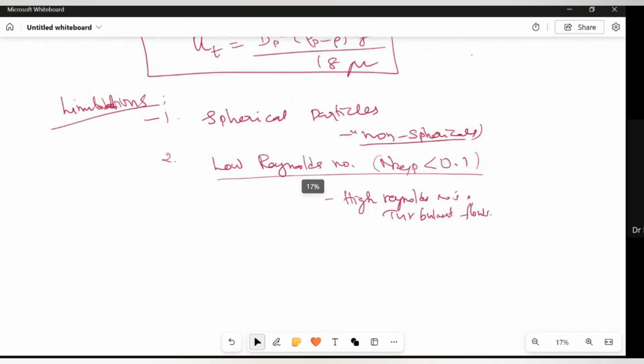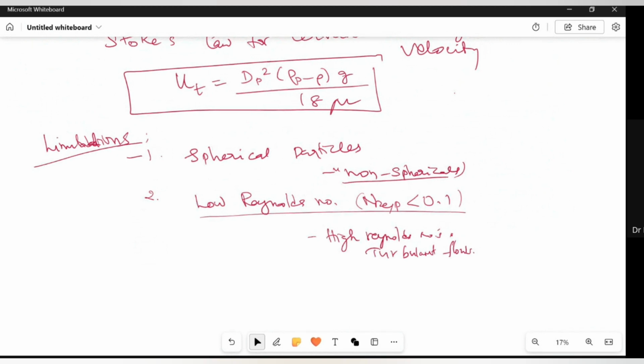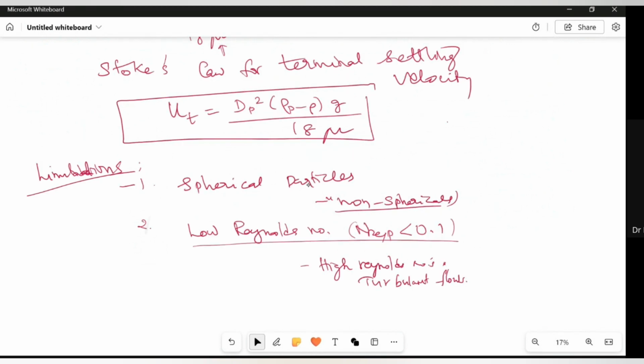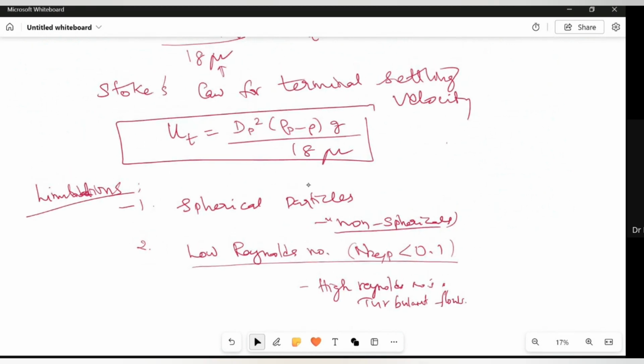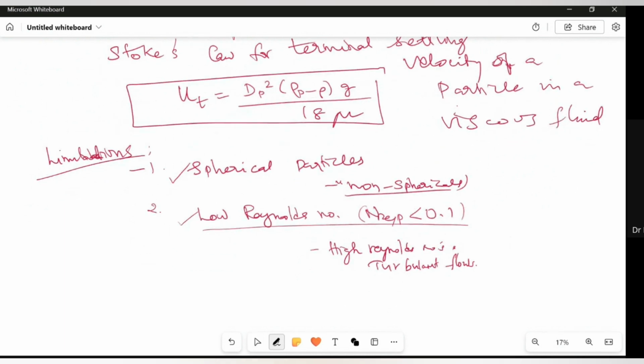I repeat, the limitations of the Stokes law for terminal settling velocity of a particle in a viscous fluid are: it is applicable only for spherical particles, so it doesn't take into account non-spherical particles.